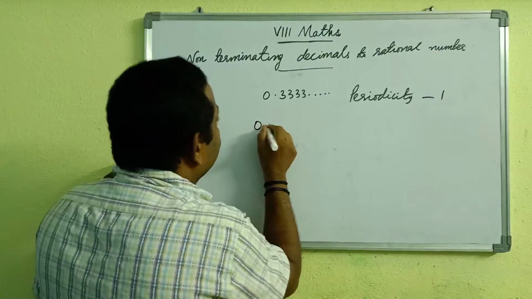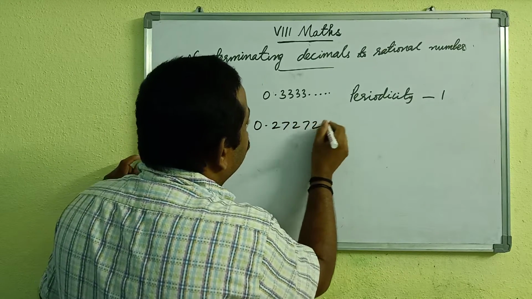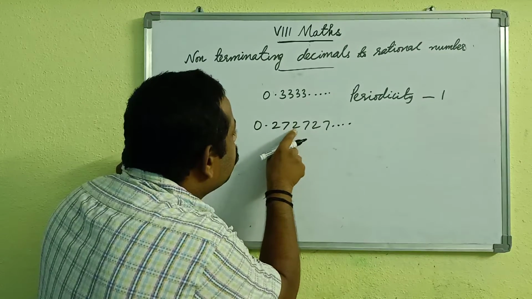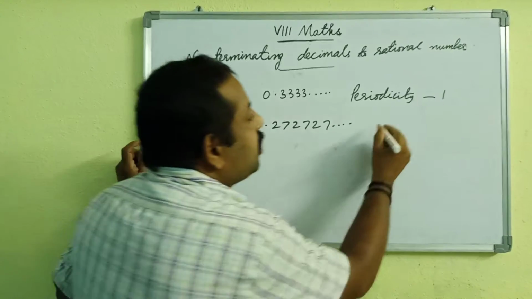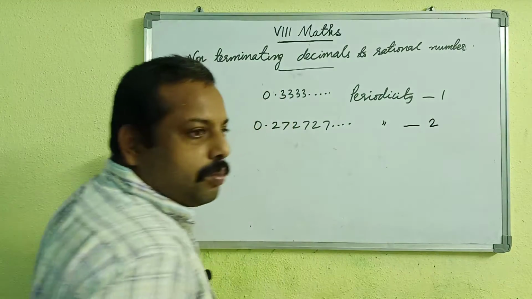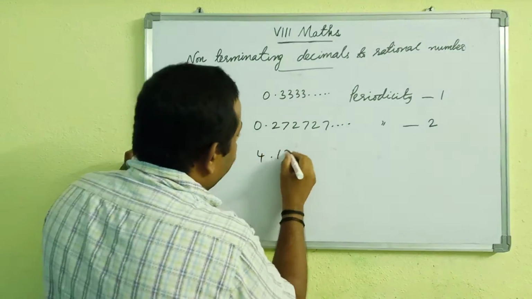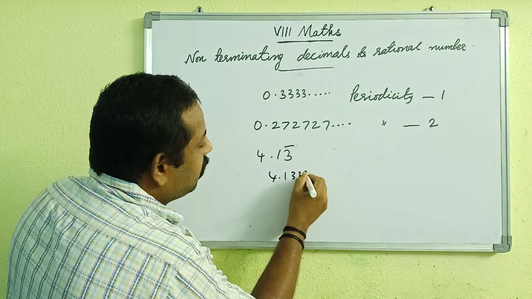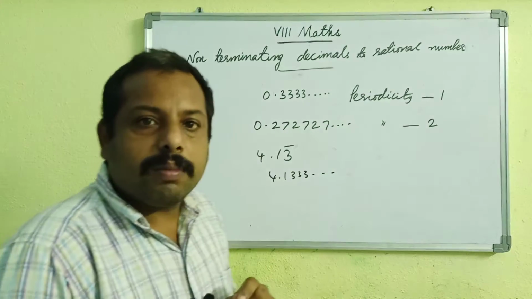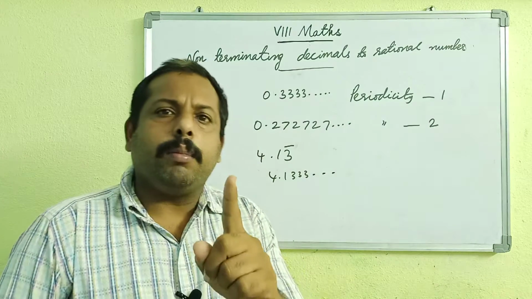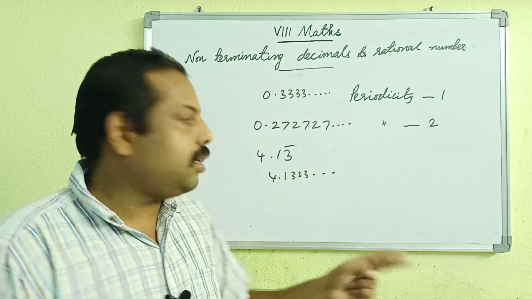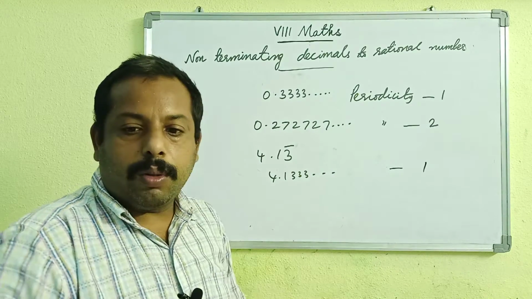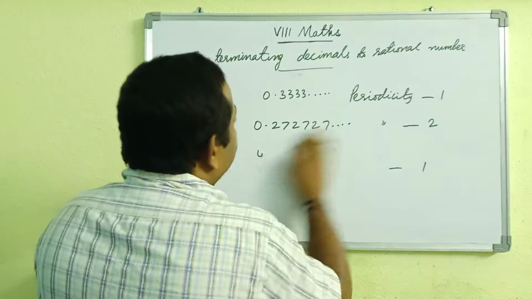Now if you write 0.272727 like that, how many decimal numbers are repeating? 2727, that means 2 decimal numbers. So what is its periodicity? 2. Now if you write 4.13 bar, that is 4.13333. In this case, how many decimal numbers are repeating? Only one number, 3. So what is the periodicity? 1. Likewise, you must be able to understand before going on.